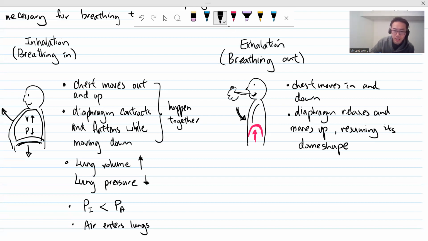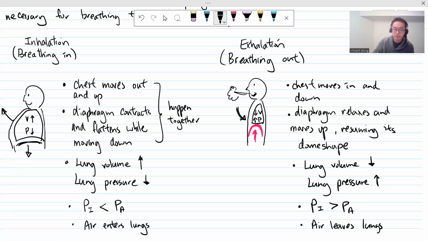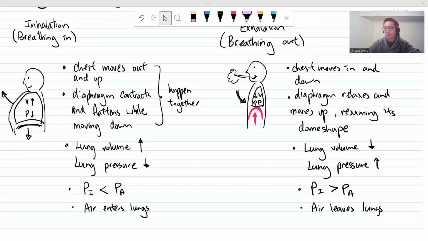So that's gonna cause the lungs to decrease in volume and increase in pressure. So when PI is greater than PA, air leaves the lungs. That's that.